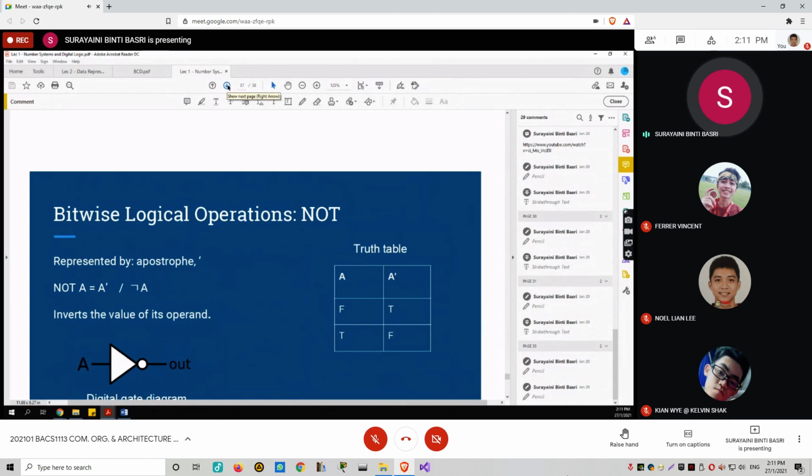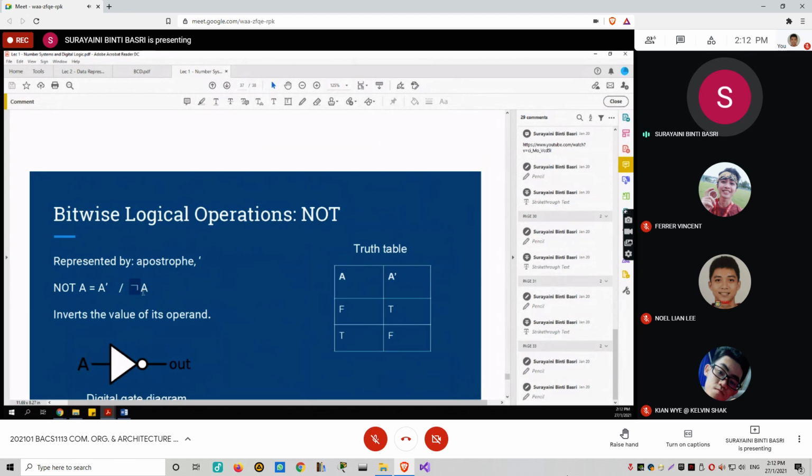Okay, so after that, we proceed to the logical operation NOT. There are two signs that represent the NOT, which is the apostrophe, this one, and then this one.